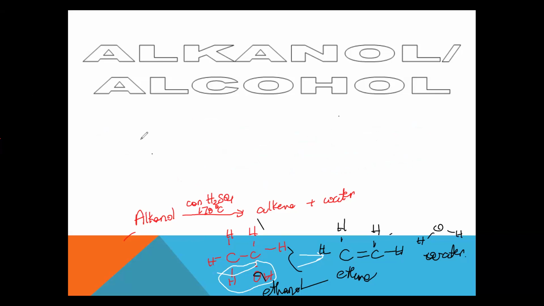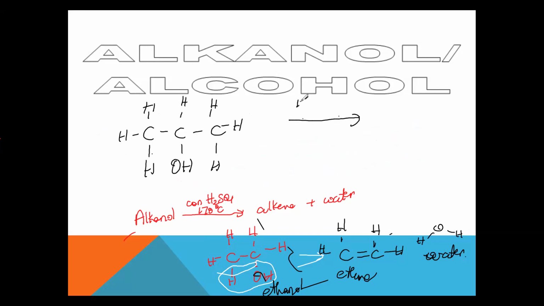So here I draw propan-2-ol, prop, 3 carbons. 2 means the OH is on the second carbon. So I draw propan-2-ol, and I'm going to dehydrate it. 170 degrees Celsius, concentrated H2SO4. In the dehydration reaction, I'm going to take OH, right?